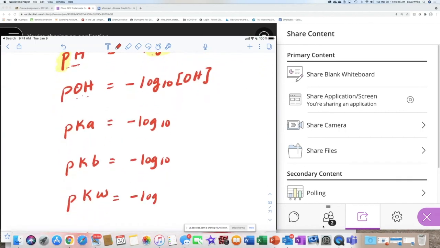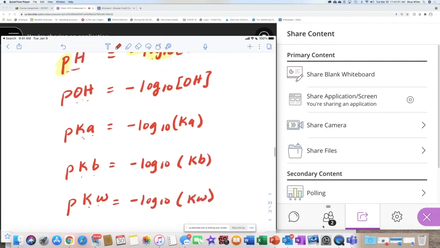Then when it comes to Ka, I'll write here Ka, Kb, Kw. Okay, so P stands for negative log base 10. And so the P goes with H, the P goes with OH, the P goes with Ka, Kb, and then Kw. So hopefully you can see that.